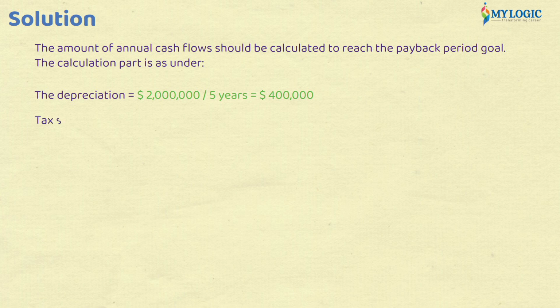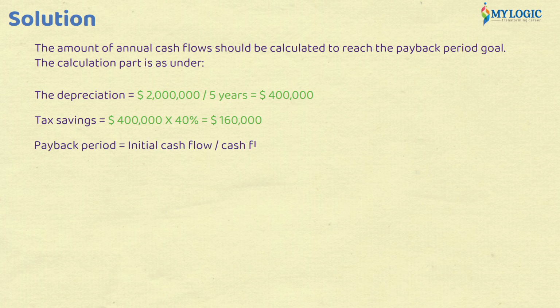Tax savings is equal to $400,000 multiplied by 40%, which is equal to $160,000. Payback period is equal to initial cash flow divided by cash flow. 4 years is equal to $2 million divided by X. X is equal to $500,000.